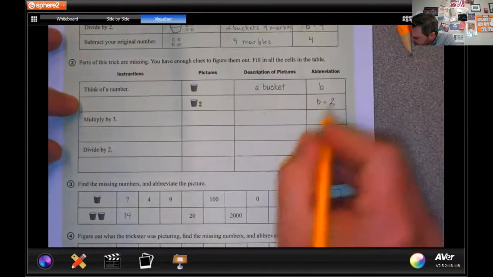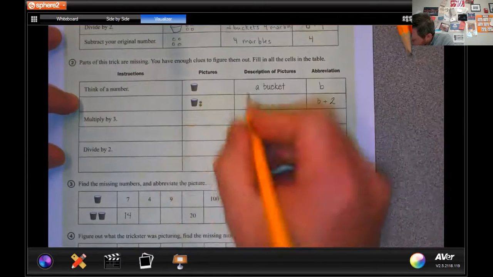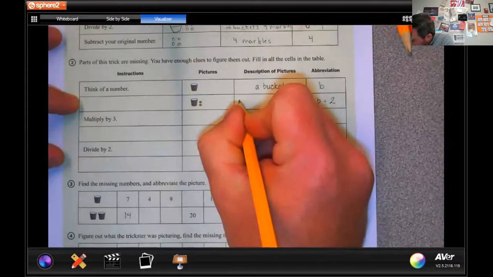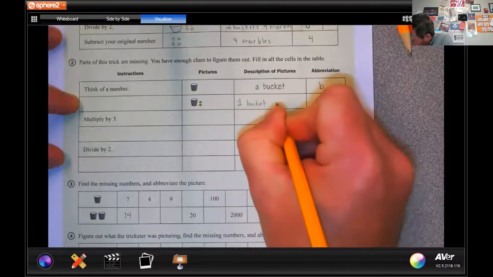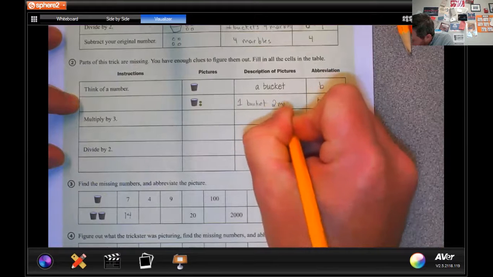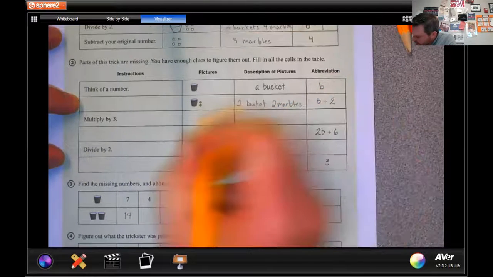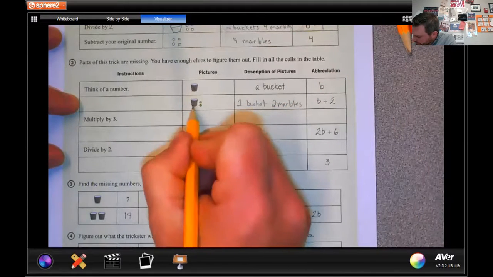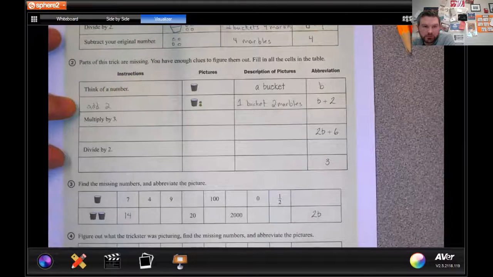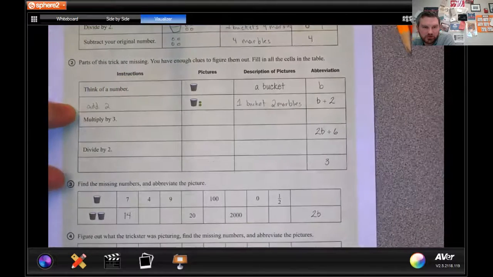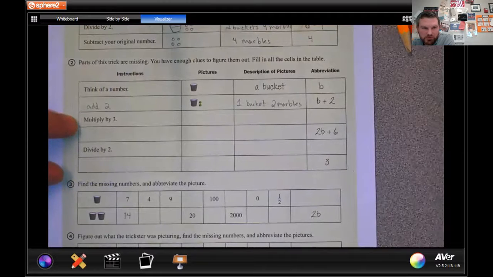All right, here, well, we see what they did here. So the description of the picture is 1 bucket and 2 marbles. So how do you go from 1 bucket to a bucket and 2 marbles? I'm going to add 2. So we're just adding 2 to that original number. Then they multiply by 3.